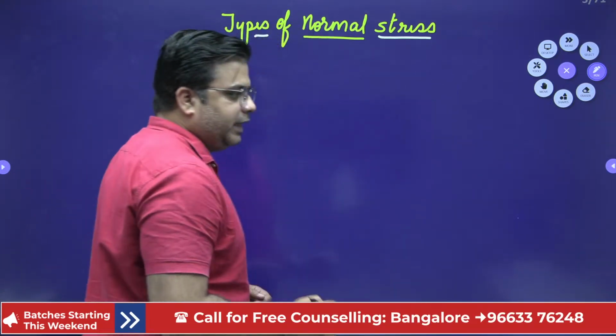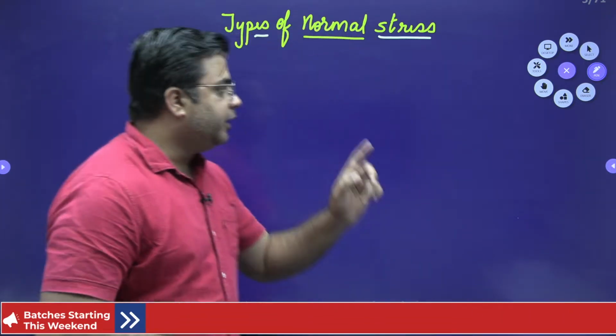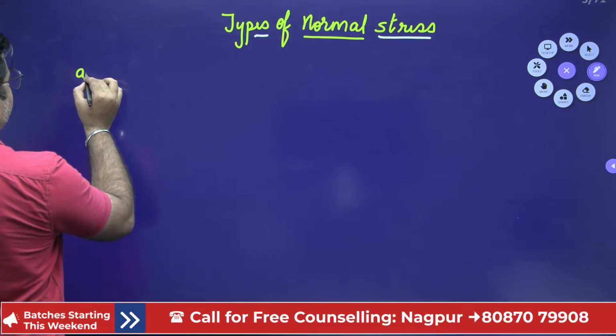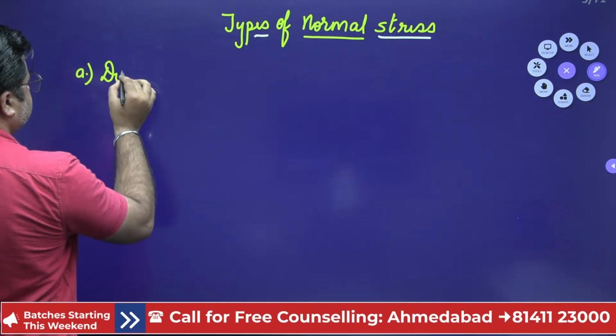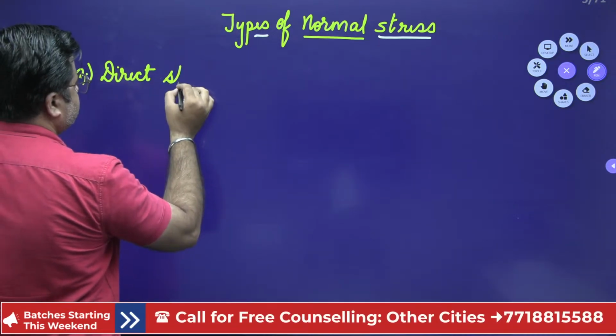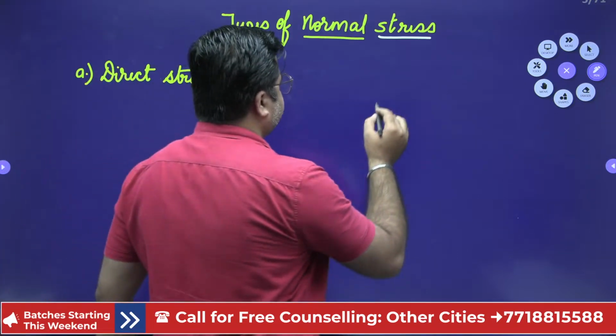As we already know, normal stress will always be acting perpendicular to the cross section, right? The normal stresses are basically of two types: direct normal stress, or direct stress, and bending stress.